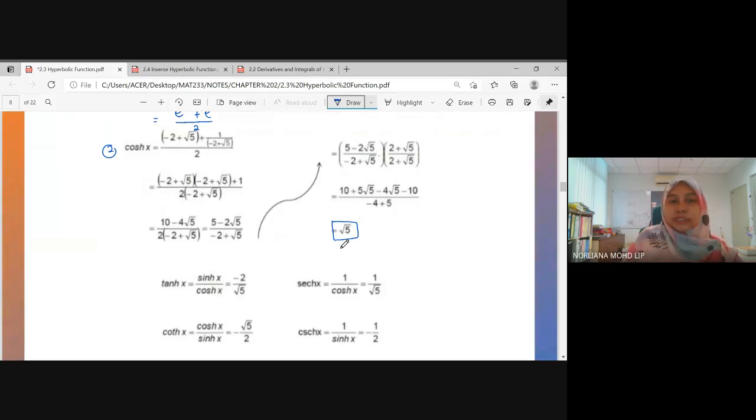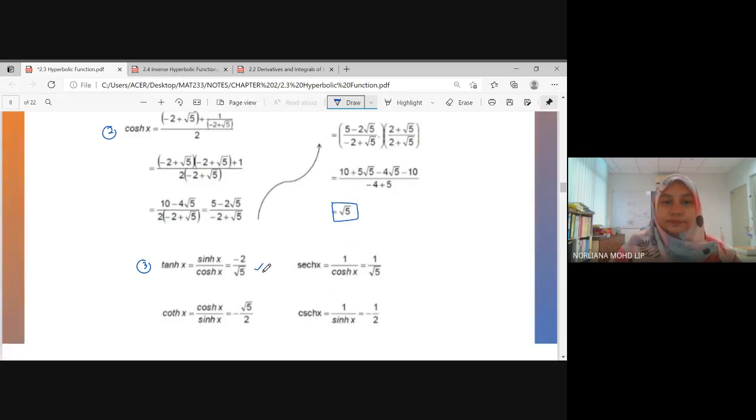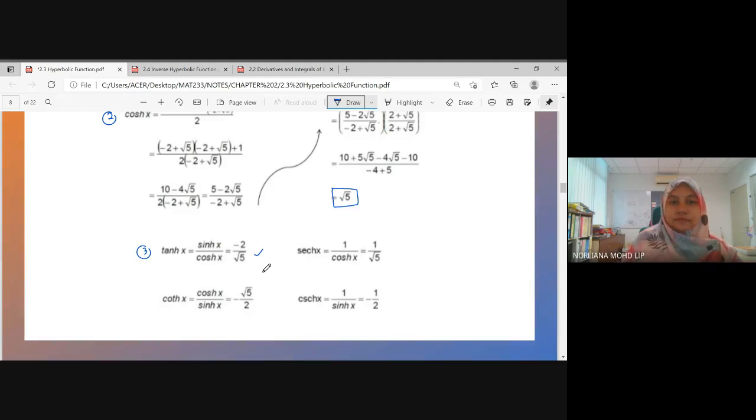Then the hyperbolic tangent. We know that the hyperbolic tangent is the hyperbolic sine over hyperbolic cos. We know the answer of hyperbolic sine is negative 2 over hyperbolic cos square root 5, so we will get this. And number 4 is the hyperbolic cotangent.